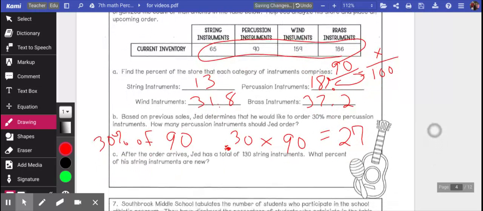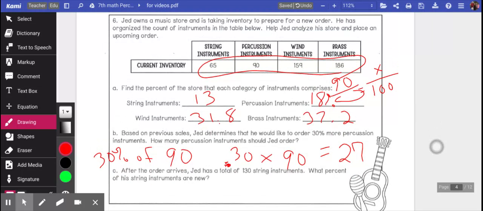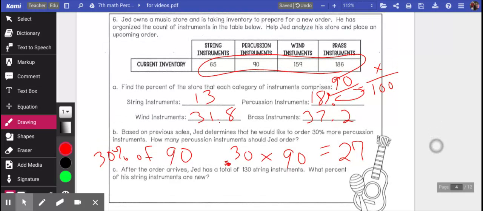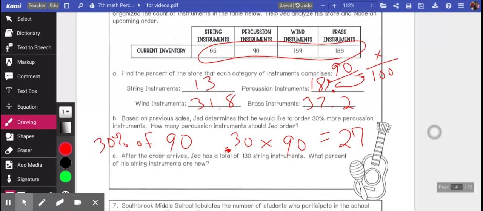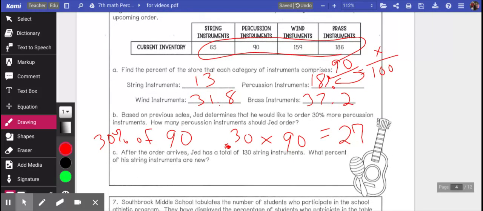That would be 30%. After the order arrives, Jed has a total of 130 string instruments. What percent of his string instruments are new? So go ahead and pause it if you need to figure that out. So he had 65, and now he has 130.